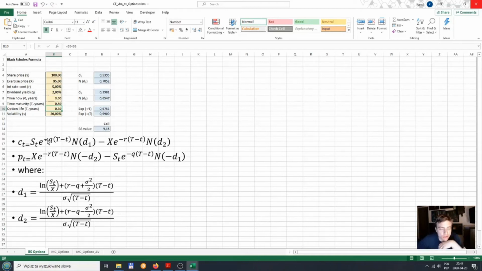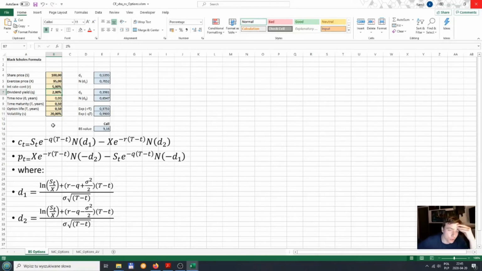Of course you are familiar with simple time value of money, so you can just use the interest rate for discounting. I believe it is also kind of intuitive to use the discount for dividend yield. Dividend yield is something that you want to receive, so please take it out of your valuation with this discount factor.